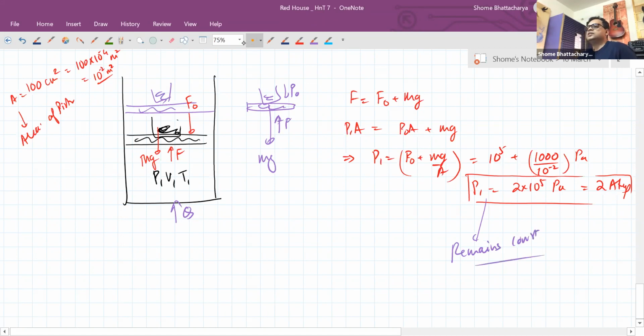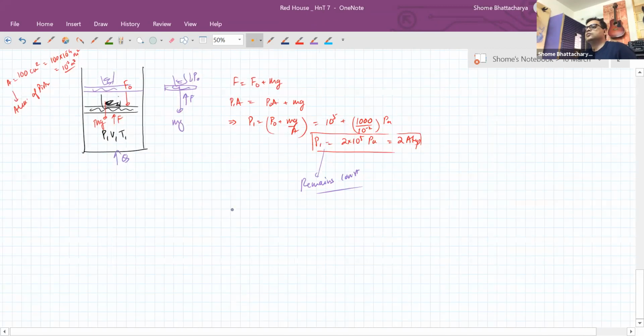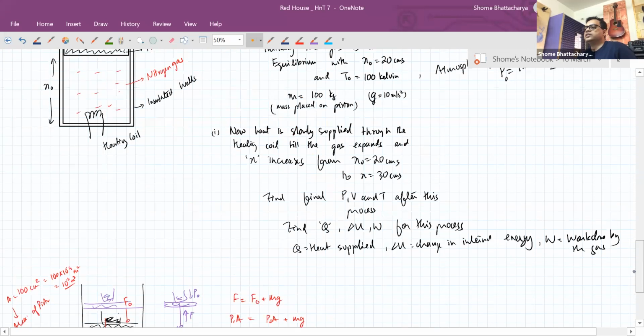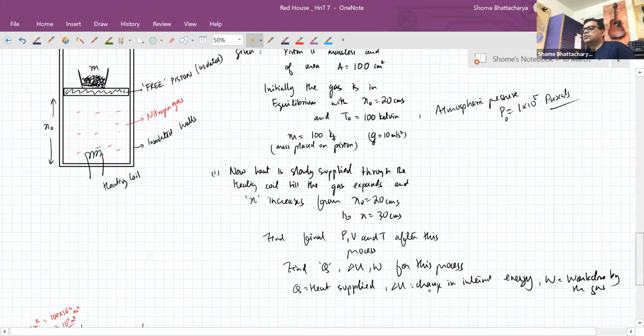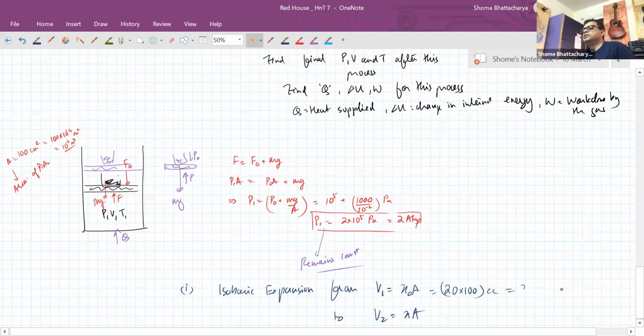Okay. So the gas is undergoing an isobaric expansion. The first part is an isobaric expansion, from an initial volume x naught into area A, to a final volume x into A. So we can now check: 20 centimeters into 100 centimeters square, okay, 2000 cubic centimeters.